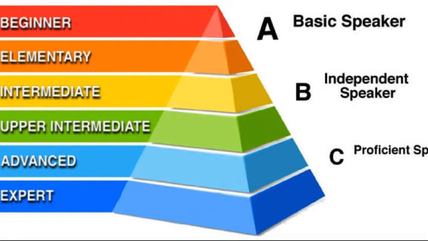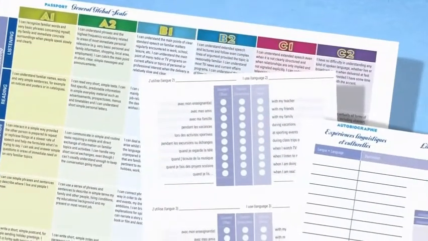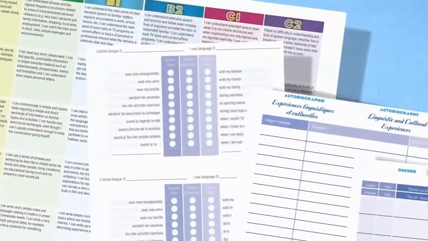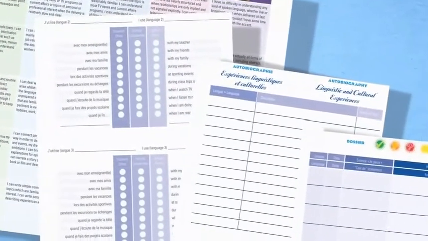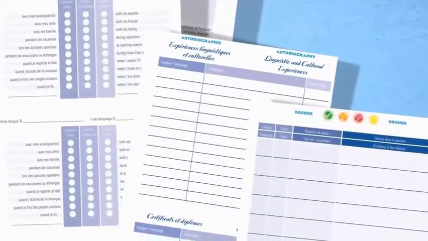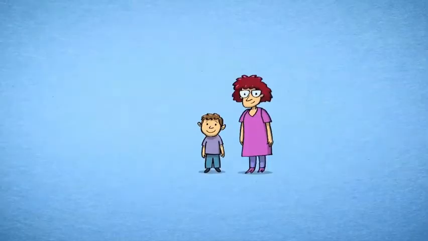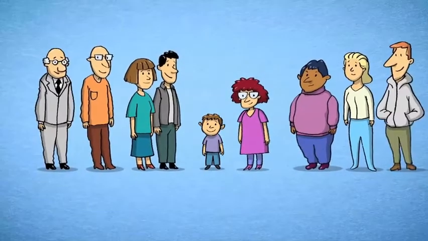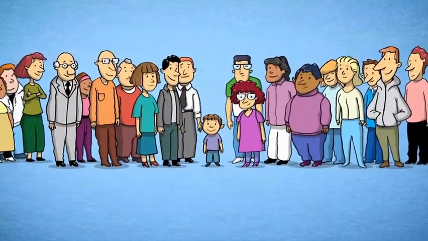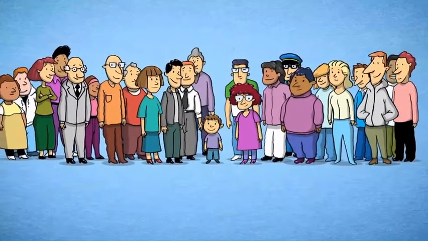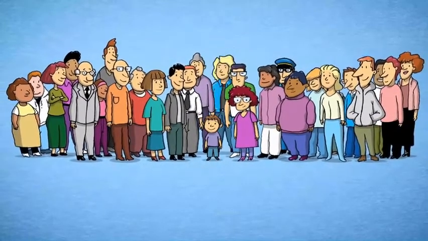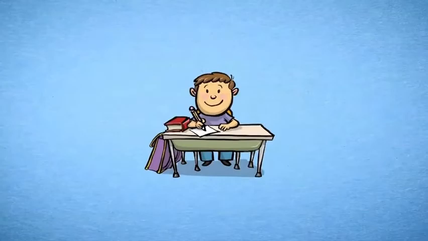The levels focus on a learner's ability to speak, read, write, and understand a language. There are specific indicators to describe each level. For example, an A1 learner is able to understand and use very basic expressions to satisfy concrete needs, introduce themselves, ask others questions about personal details, and interact simply, as long as the other person speaks slowly and clearly.